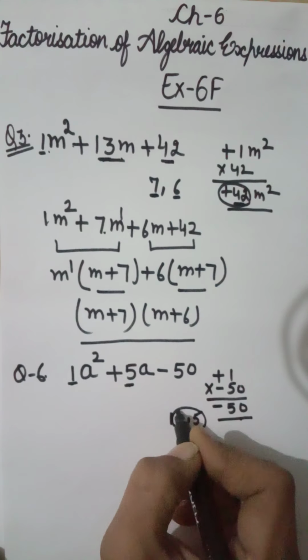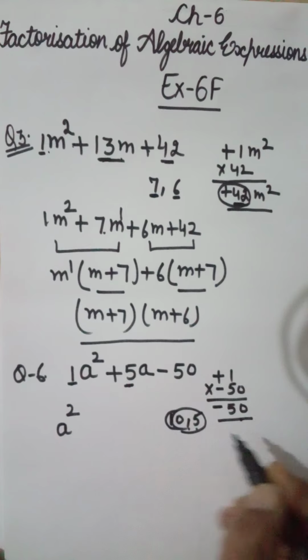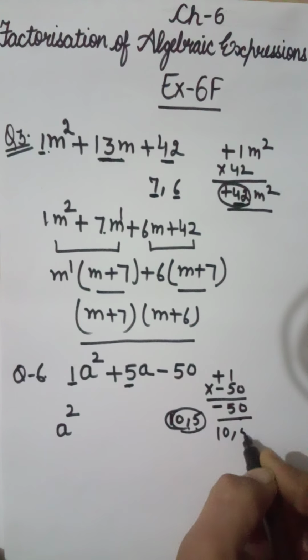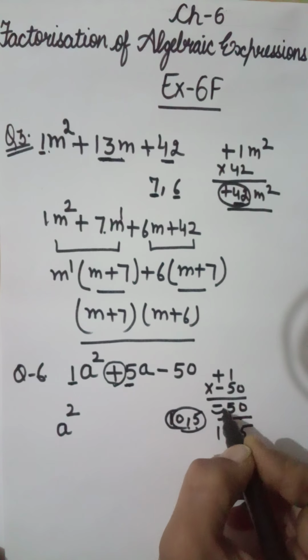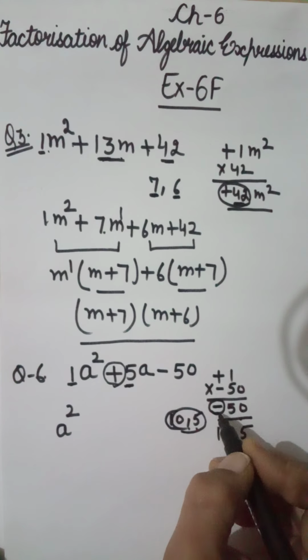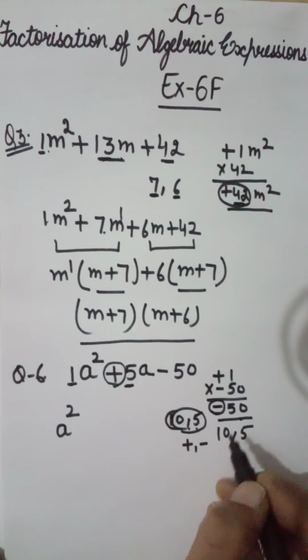Now what do we do? First term as it is, a square. Because you have taken the terms 10 and 5, the middle term is positive and the product sign is minus. So as you know, if the product is minus, then you will take one positive sign and one negative sign. How to take the signs?